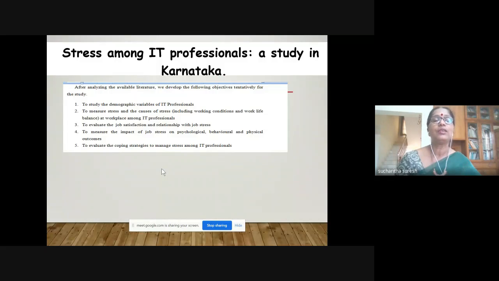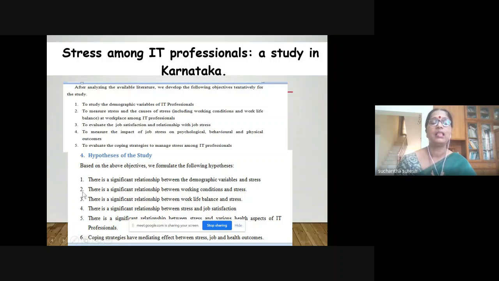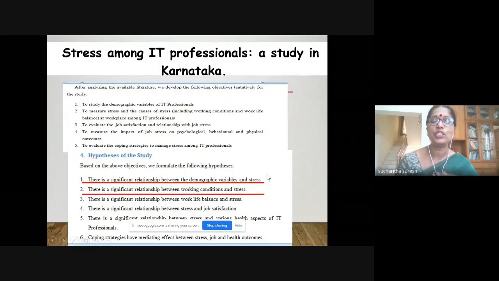All right. Now you saw the objectives. Let us see how to generate hypotheses for this. Let me write the hypotheses of the study. The first: there is a significant relation between the demographic variables and stress. See how beautifully it is given. Second, there is a significant relationship between working condition and stress.